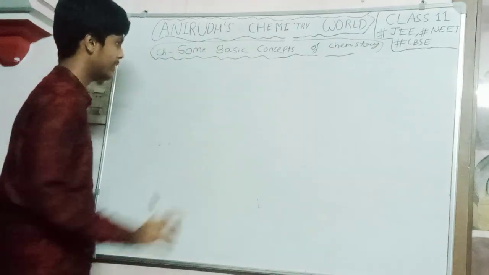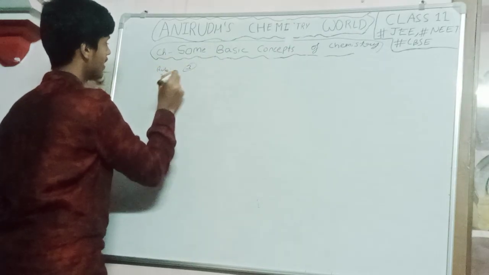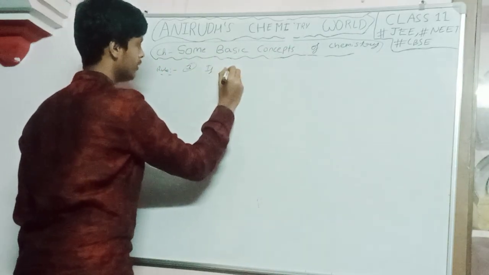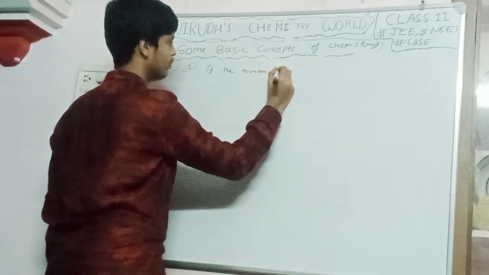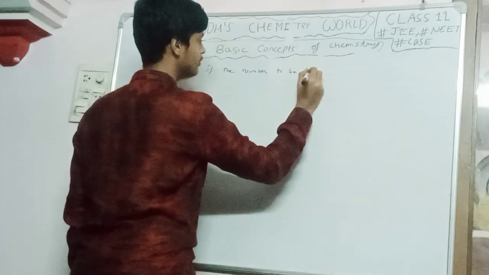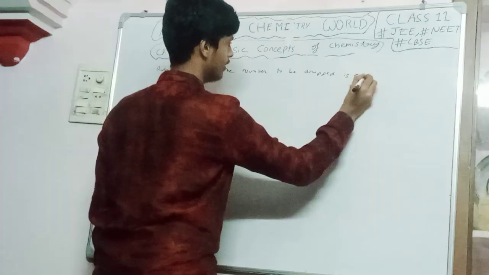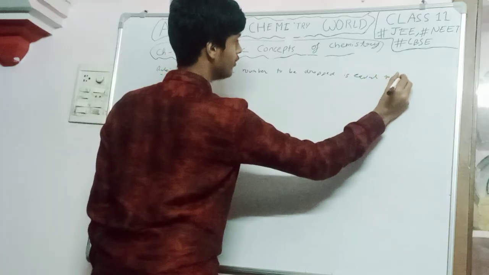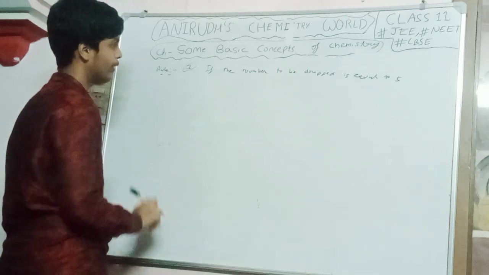Now, the third rule which we are going to say is, if the number to be dropped is equal to 5, here the real rounding off starts.